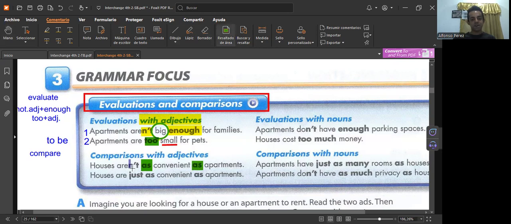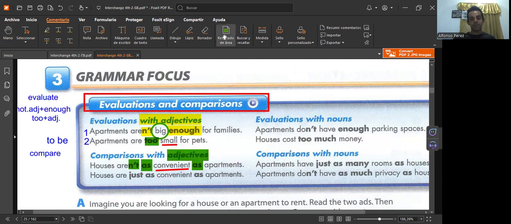The word not attached to the verb be. And we use the adjective convenient. Houses aren't as convenient as apartments.